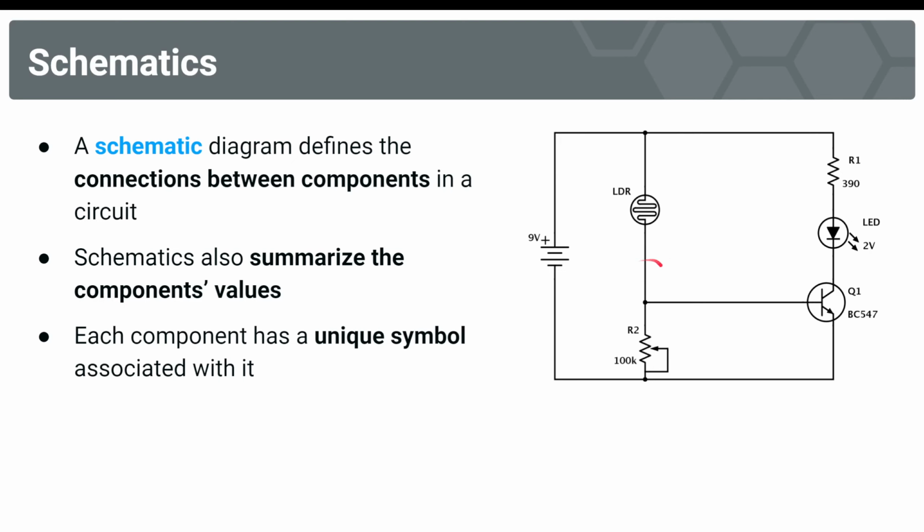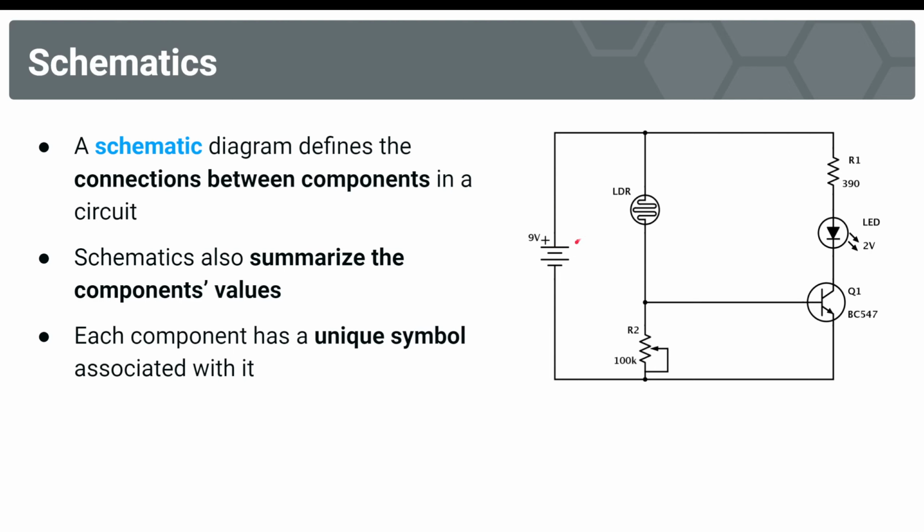We don't need to know what it does, but we can see that each symbol is unique and that a component is uniquely assigned to it. And each symbol also has values near it to summarize the component's values. And between each symbol is a connection of some kind.